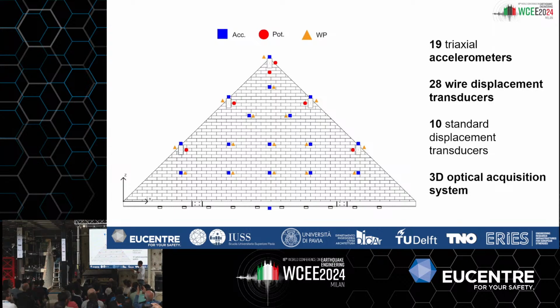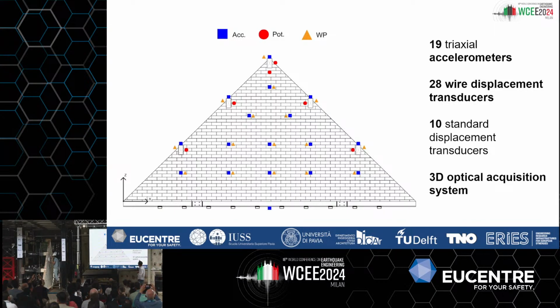As you see, the specimen is heavily instrumented. We are using 19 triaxial accelerometers. From these accelerometers, we can also compute the force capacity of the wall, so the inertia force that is applied to the specimen.